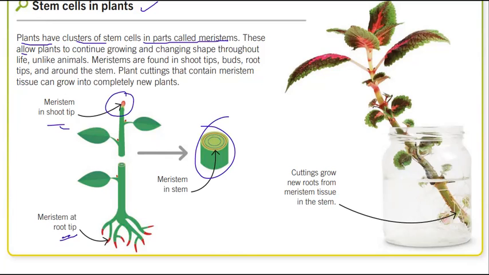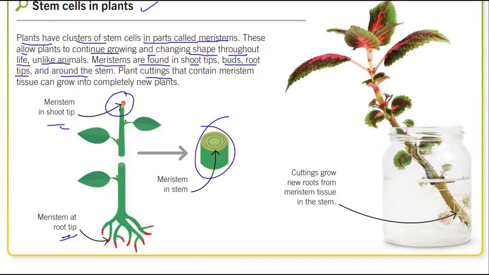These allow plants to continue growing and changing shape throughout life, unlike animals. Animals don't have this. So plants grow like this because of meristems. Meristems are found in shoot tips, buds, root tips, and around the stem.